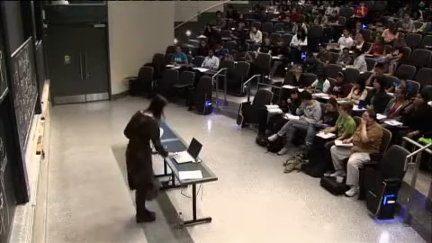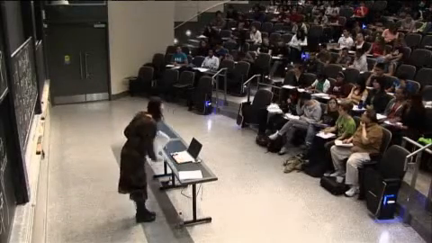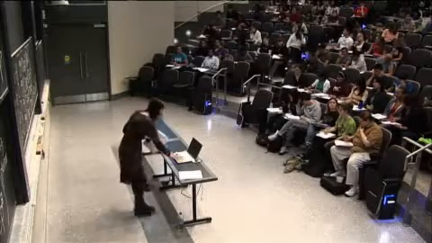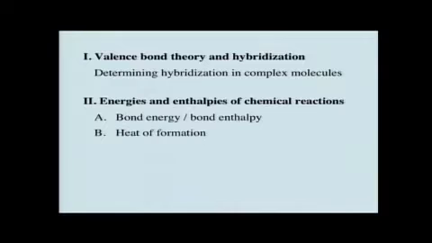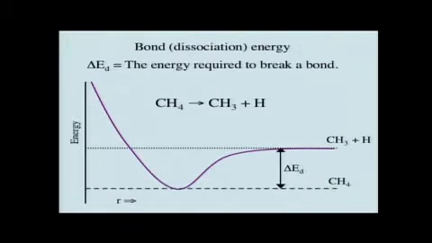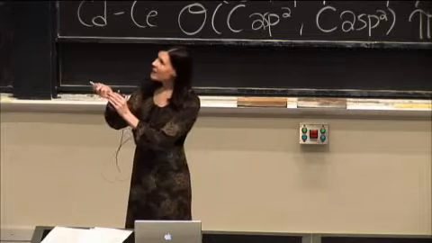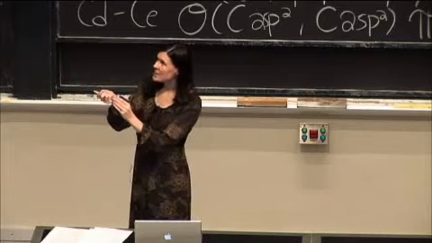Okay, so let's shift gears a little bit and start talking about bonding in terms of chemical reactions. So we're going to start today with talking about bond energies and also something called bond enthalpies. And the first point is just to bring us back to something we're very familiar with. When we talked about covalent bonding, a concept that we have been discussing is bond dissociation energy.